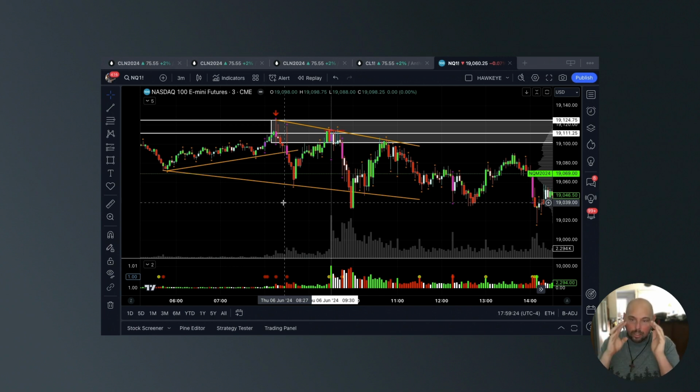We want a clear, clean, concise vision of what's happening, when, where, and why, between the relationship of volume and price action. And when we have those things, it just makes the analysis process so much easier. And when you're confident in your analysis, you become confident in your trade plan.